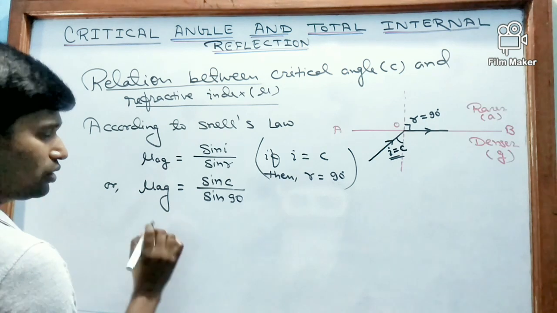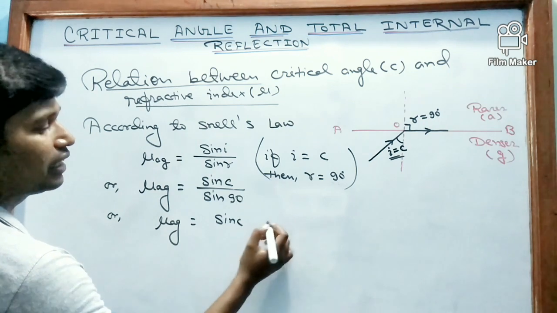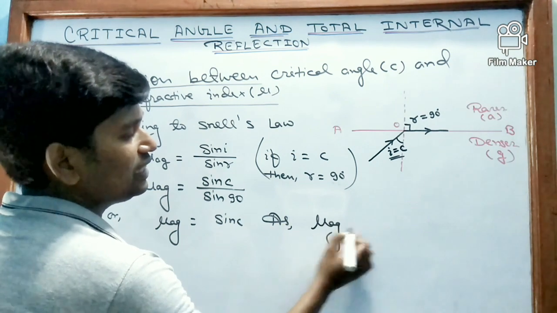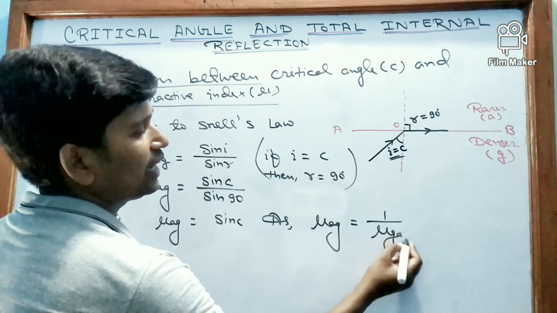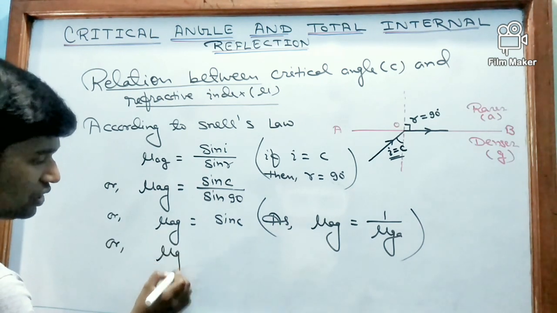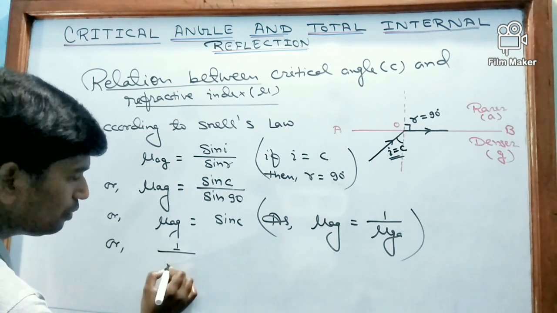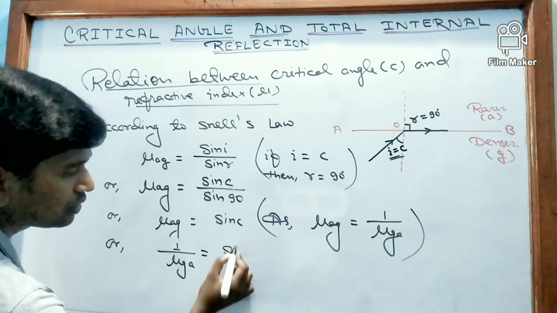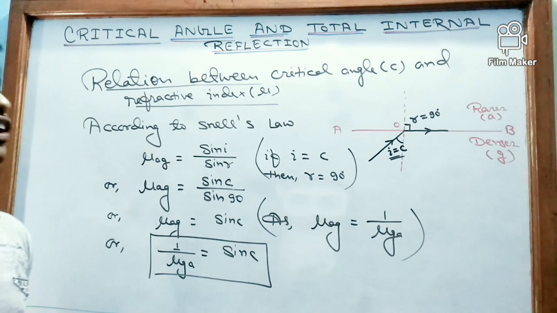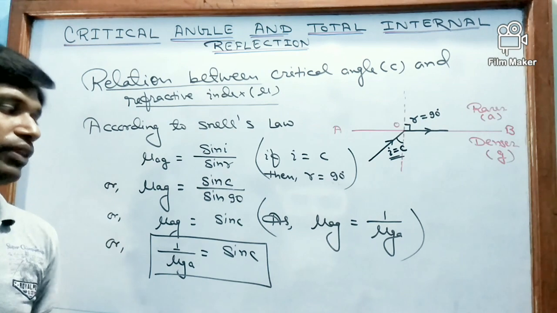As we know sin 90 equals 1, so we can write mu a g equals sin C. According to the principle of reversibility, we know that mu a g equals 1 by mu g a. So we will substitute this value in this, and we will get 1 by mu g a equals sin C. So this is the relationship between the refractive index of the medium and the critical angle.